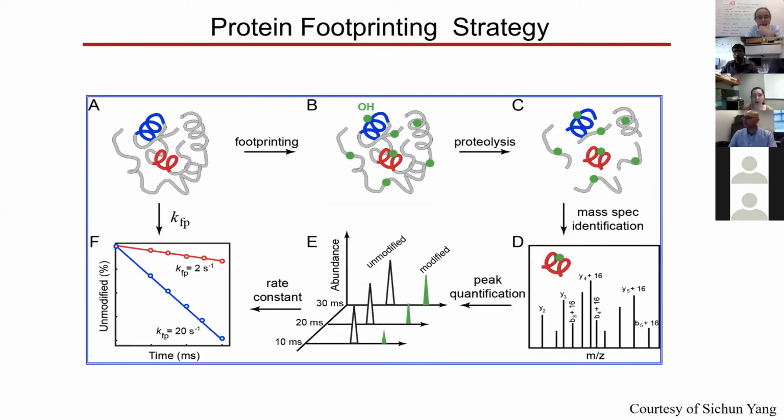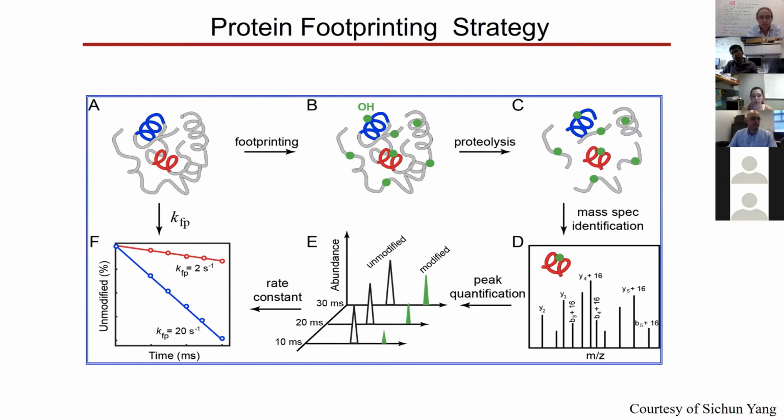This slide is just a recap of what Corey already said. General protein footprinting strategy is when you have some chemical reagent in solution that modifies protein side chains accessible to solvent, mostly on the surface of the protein. Those chemicals can be actually anything.